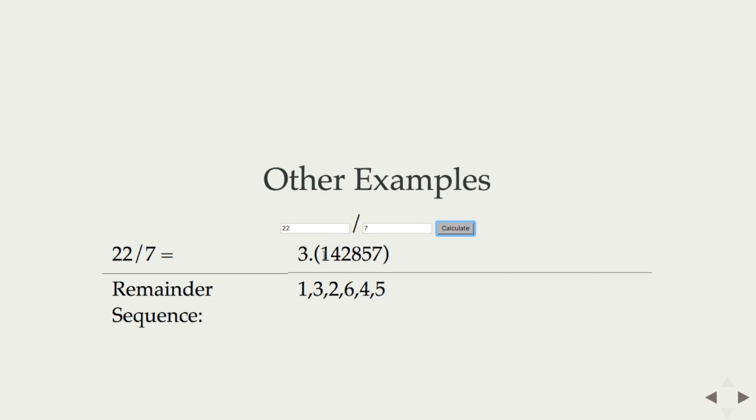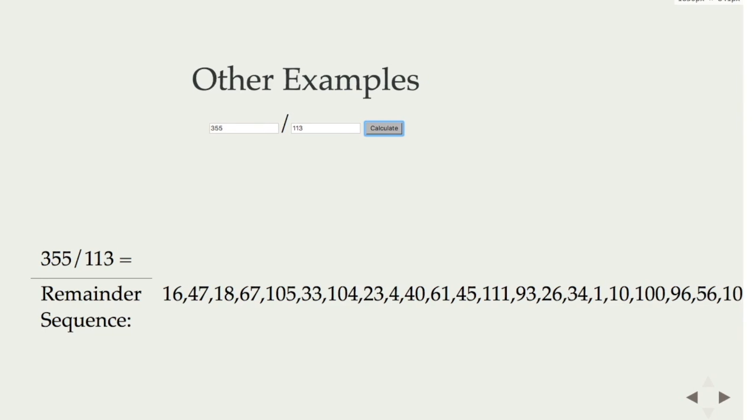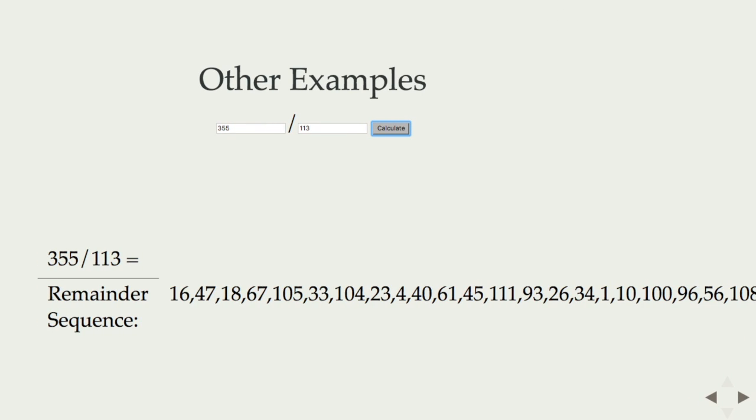In this case, it's repeating, but it gives just 3.1428, which is not a good approximation. There's another one which is a better approximation, with 113. Again, this is a rational number. It's not really pi, but just an approximation of pi. Unfortunately, I may have run into a bug where the value is not showing here.